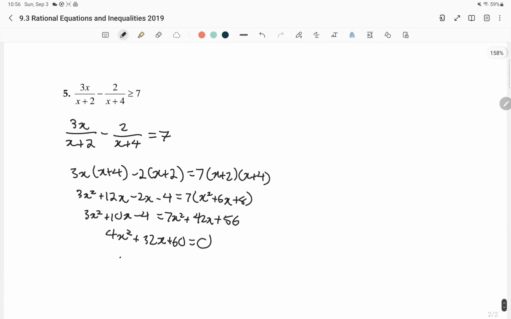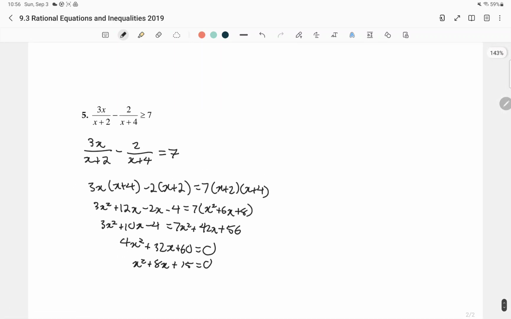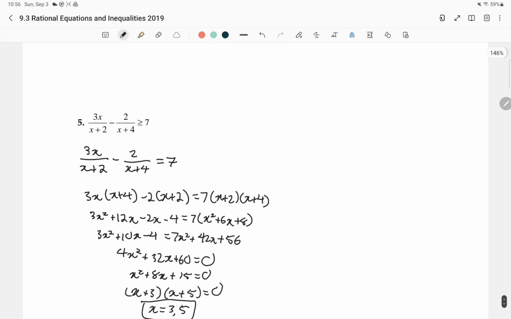We can divide everything by 4 here, so x squared plus 8x plus 15 equals 0. And this is pretty easy. It's going to be x plus 3 and x plus 5 equals 0. So x equals -3 and -5. So those are our first 2 critical points.